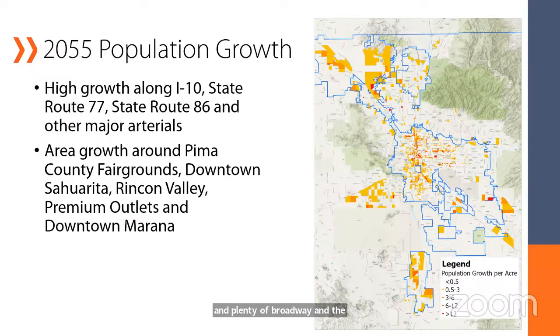We also see growth around the Pima County Fairgrounds, downtown Sahuarita, Rincon Valley, the premium outlets, and downtown Marana. We are going to look at them in detail at each jurisdiction.